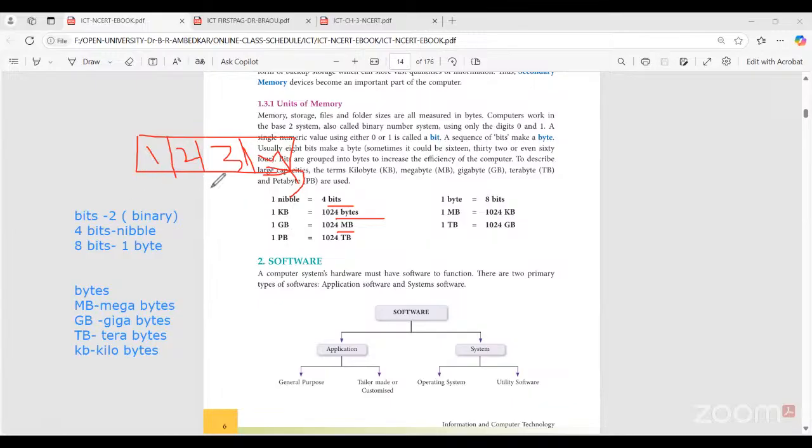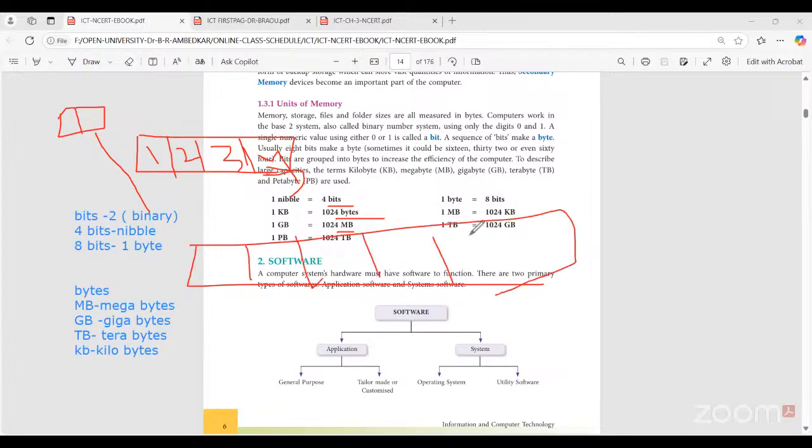And when there are 2 bits, it is called binary. When there are 8 bits, you can say these locations, 8 bits. How many? 1, 2, 3, 4, 5, 6, 7, 8. When there are 8 bits, this is 1 byte.